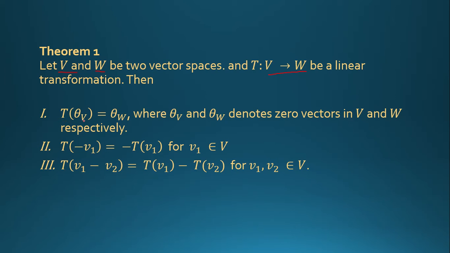Transformation of 0 vector is equal to 0 vector, and transformation of minus v1 is equal to minus transformation of v1, and v1 belongs to V. And third property, transformation of v1 minus v2 is equal to transformation of v1 minus transformation of v2 for v1, v2 belongs to V. Now we see the proof.